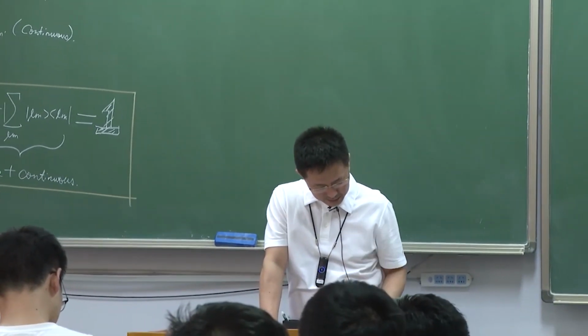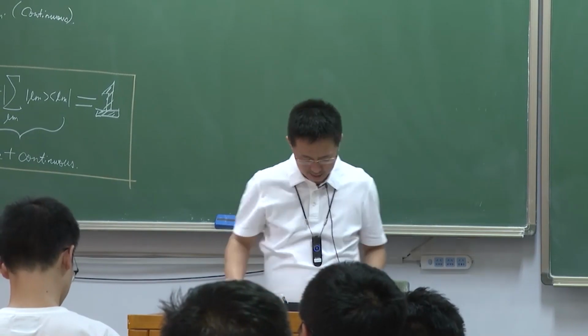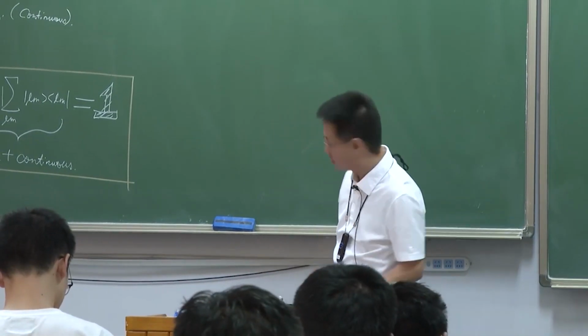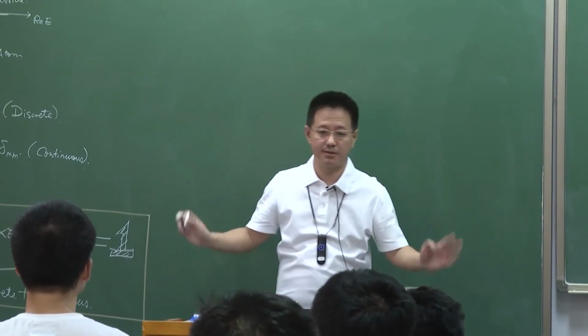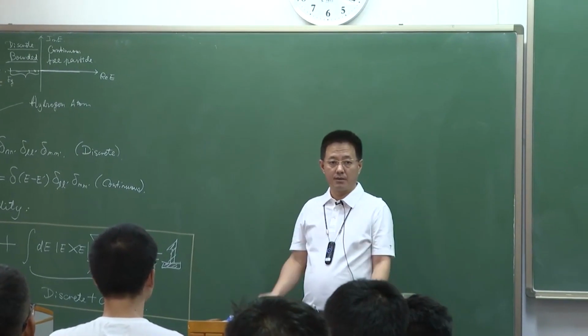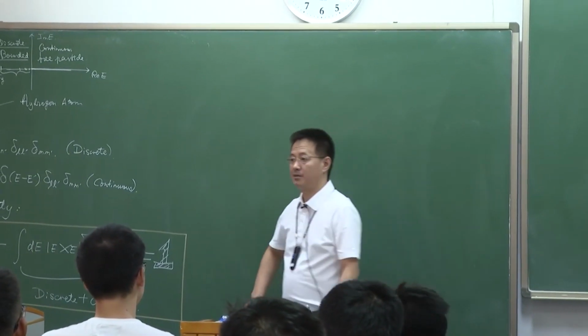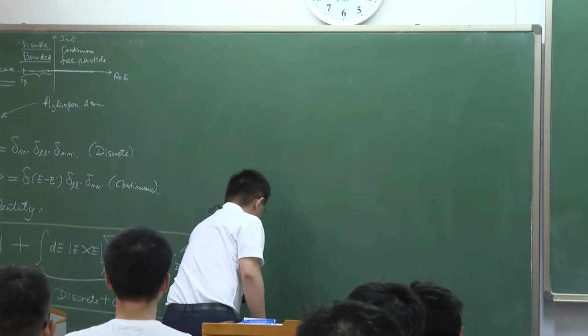I would like to mention one more thing about the unitary operators and their eigenvalue problem, because we have discussed many things about the eigenvalue problem for the Hermitian operators. Now let's turn to the eigenvalue problems for the unitary operators.